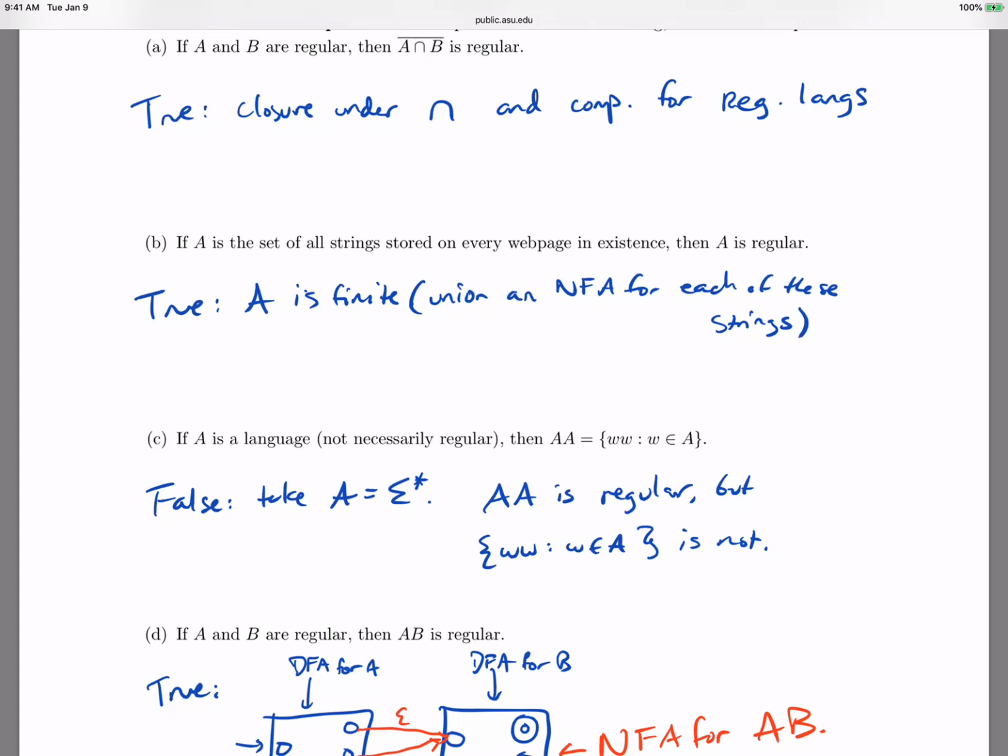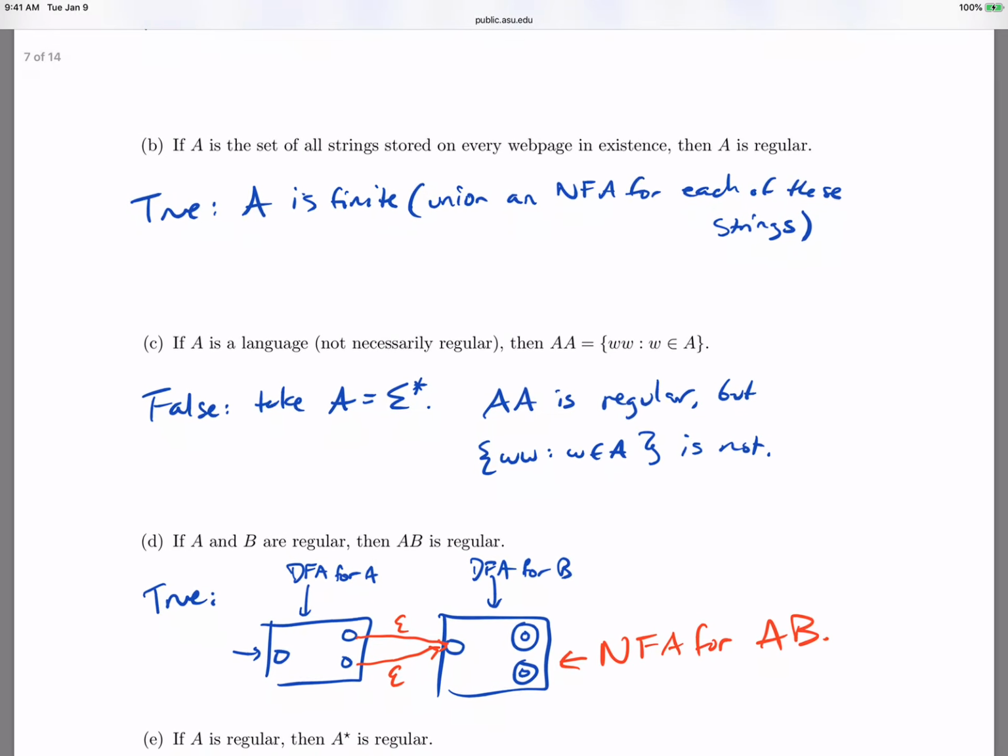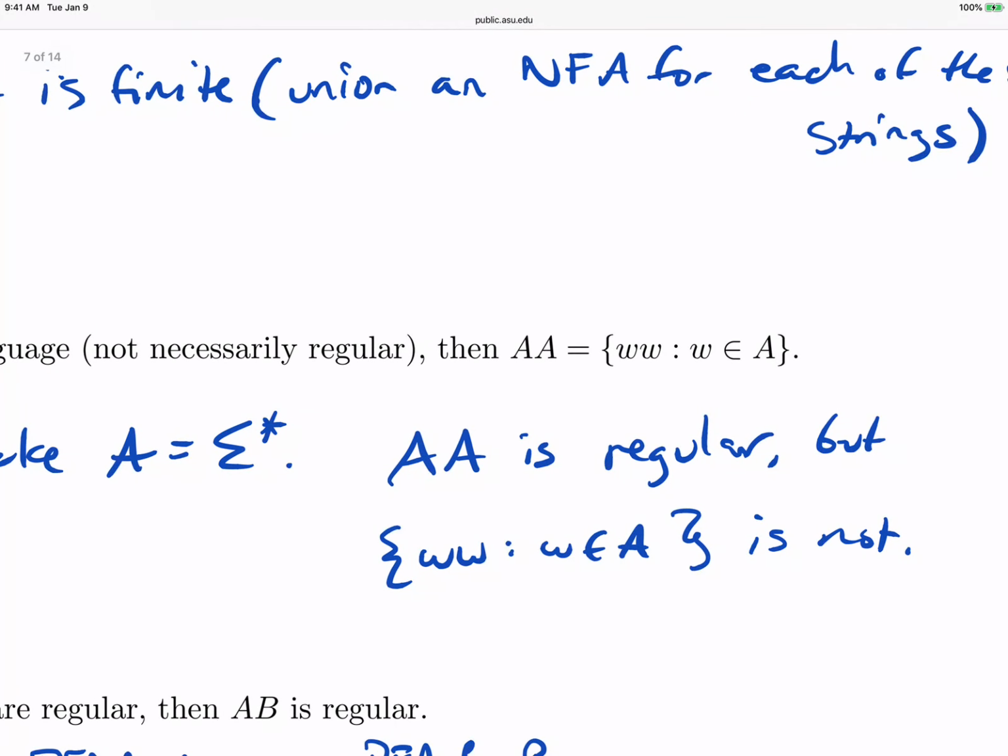Wait, this might sound stupid, but can you say the language in English? Which one? Like the C. So in C, you pick any string from A, and put it together. Here it says pick any string in A, then concatenate it with itself. That's the right side. It's the same string twice. So pick any binary string you like.